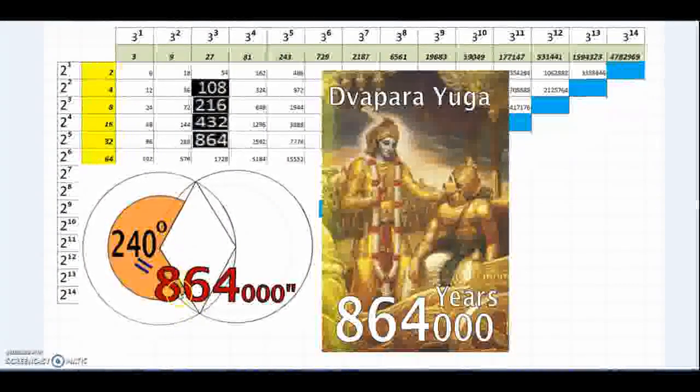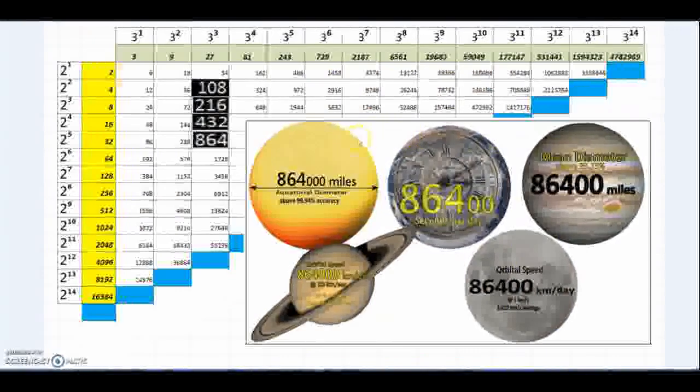The outside angle of a rhombus is 864,000 seconds. Again, 864,000. But it extends. Okay, so the Sun, the Earth, the Moon, Jupiter, and Saturn.